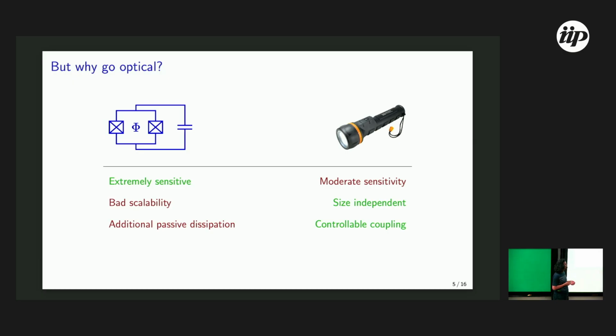So with BLS, there are some advantages, at least as a very vague starting point. It's kind of size independent until, let's say, the focusing limit of optical light, because no matter how small you go, you can still measure the system with the same efficiency. And an important aspect for quantum computing is that there's a controllable coupling.